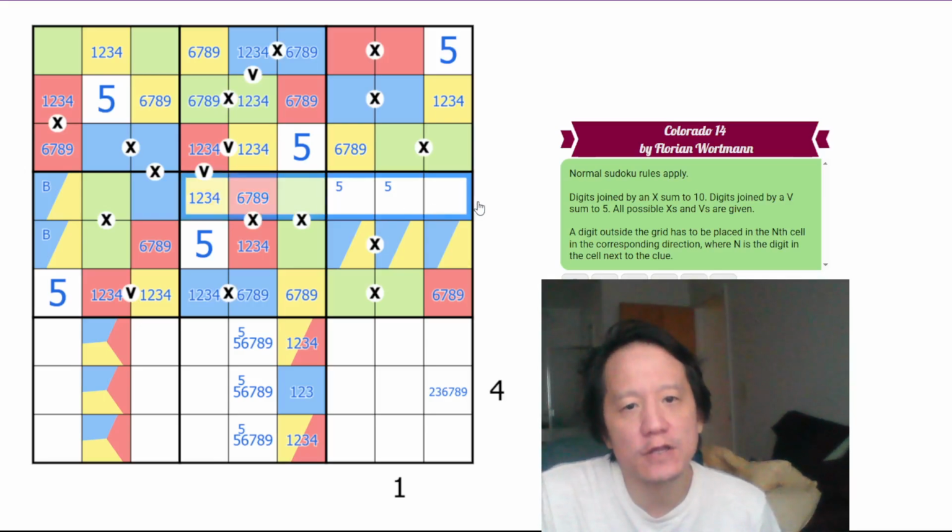Where can the low yellow be in box 6? It can't be here because of the low yellow in the row. Can't be here because of the low yellow in the column. So it must be here.